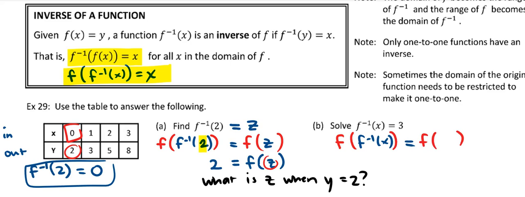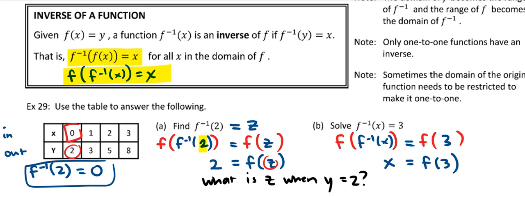That gives me f of 3. Using the property, the inverses cancel each other out, so we are left with x equals f of 3.